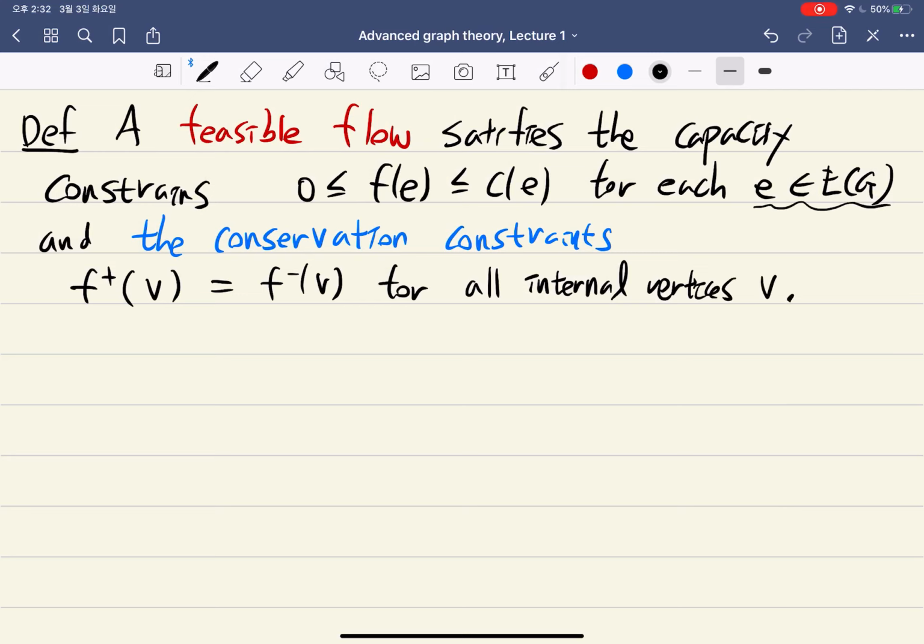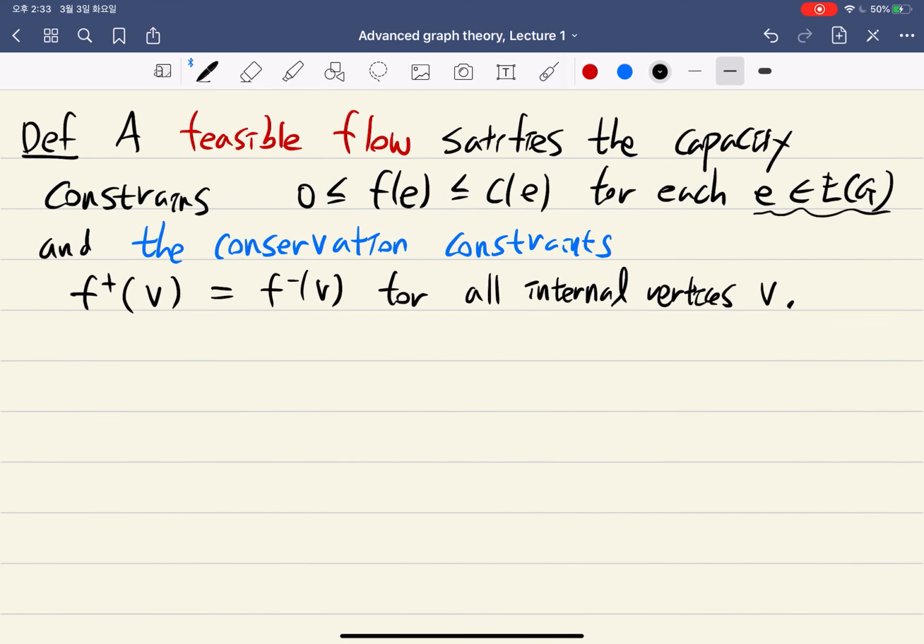And for source and sink, by definition, we consider that the source is somewhere that water is provided. You can consider it as a large reservoir of water, or a river or ocean. And then sinks are where the water is consumed. So there, we don't need this conservation constraint.